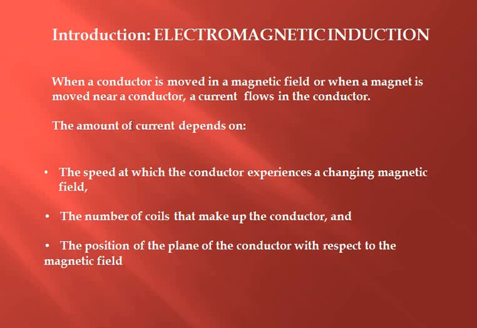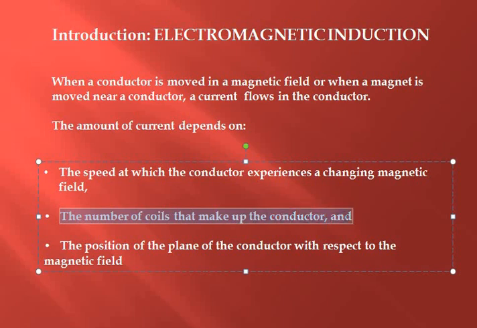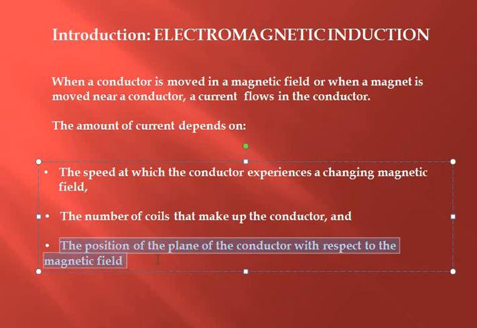The amount of current will depend on these factors. The first is the speed at which the conductor experiences the changing magnetic field, the second is the number of coils that make up the conductor, and lastly the position of the plane of the conductor with respect to the magnetic field.